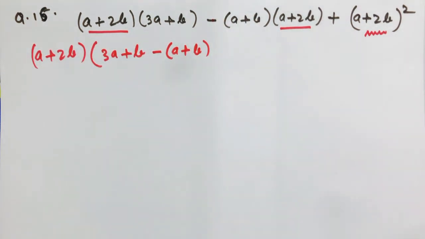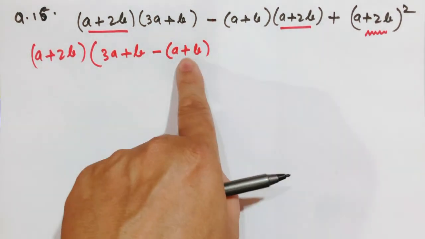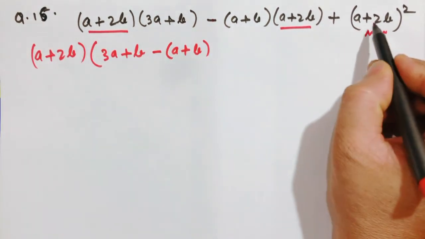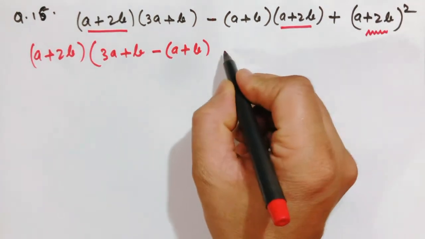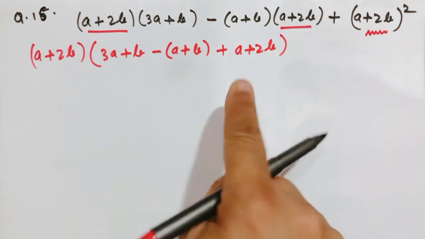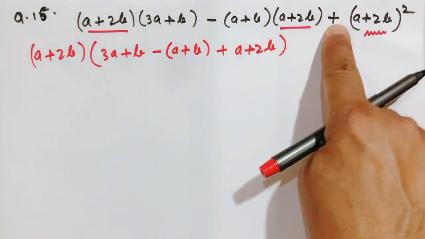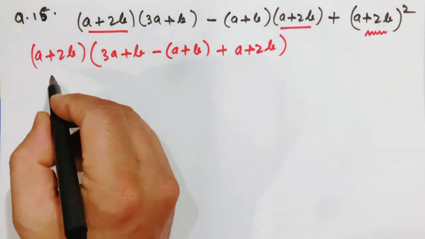So in order to make you understand, I'm going to put it as it is, but I'll put this in bracket. Similarly, when you extract one of a plus 2b, you will be left with plus a plus 2b. I do not have any issue over here. Why? Because here you have a plus sign. So this plus and minus game is really very dangerous over here. Okay, so come on, let's see.